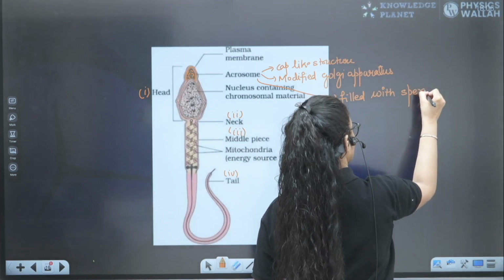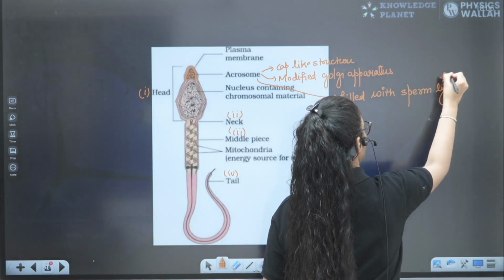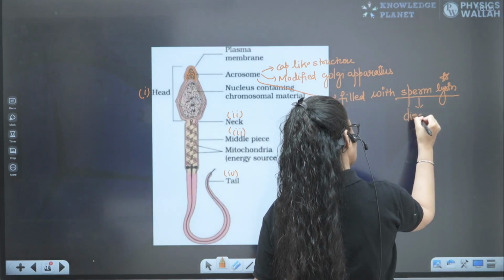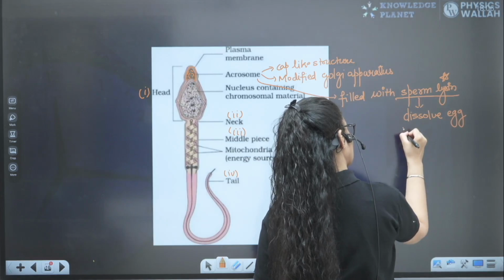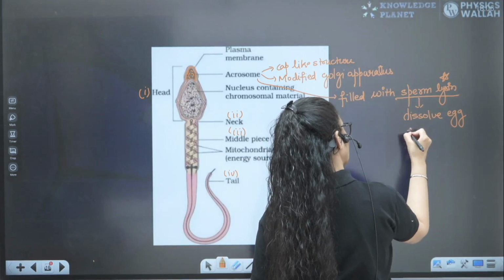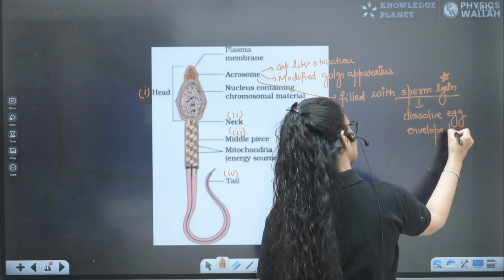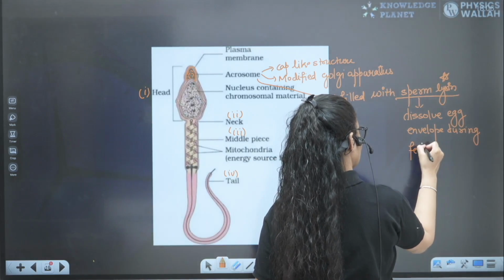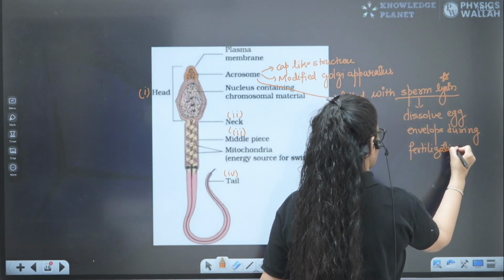They have asked a NEET question from this particular part. Sperm lysin will dissolve the egg membrane, or egg envelope, during fertilization. You have to remember it.